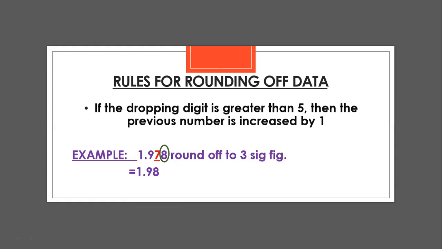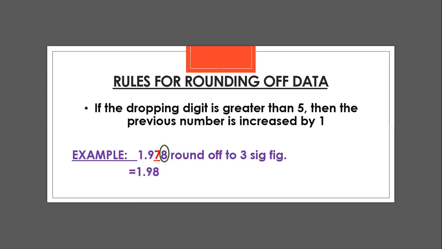All of these figures are non-zero digits, and non-zero digits are significant. They are countable. So in the value 1.978, there are 4 significant figures. And the question says you have to round it off to 3. It means 1.97. It means you have to drop 8.